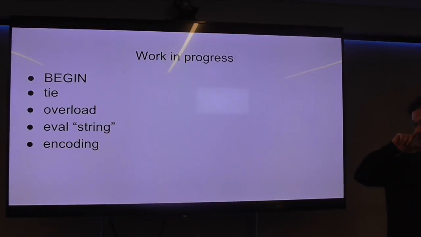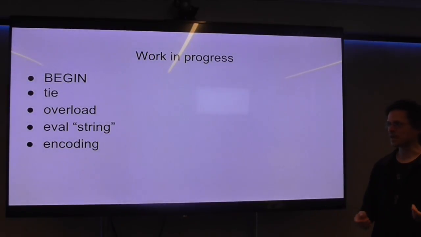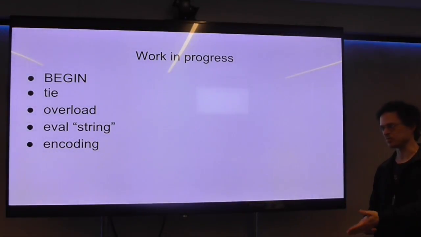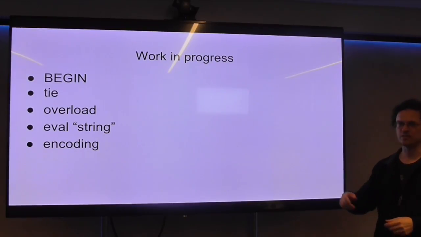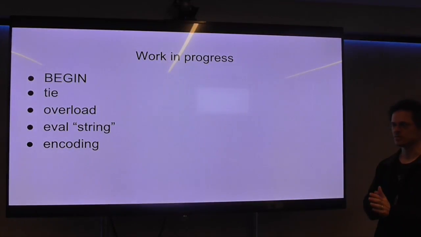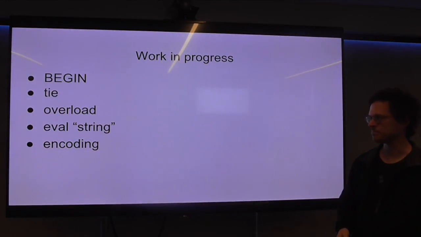Eval string, we're still discussing either using an interpreter or generating Java code. There are pros and cons on both sides. An interpreter is fast to start, but executes slower, while with a compiler every eval will need to be compiled, and this takes time. So this is still in discussion.